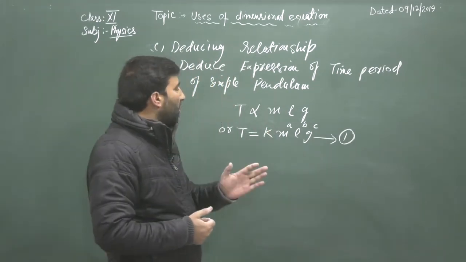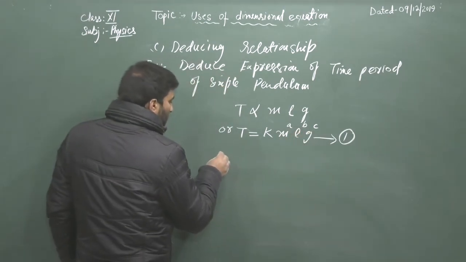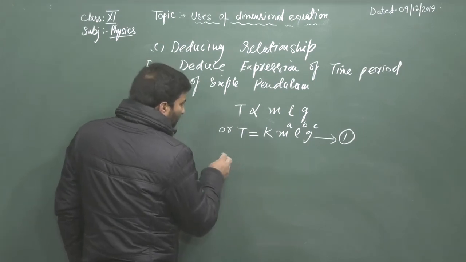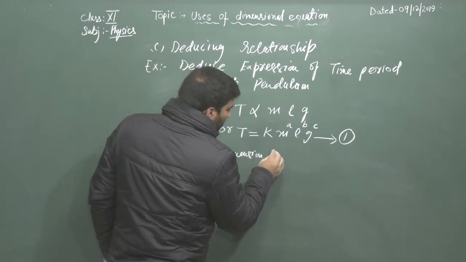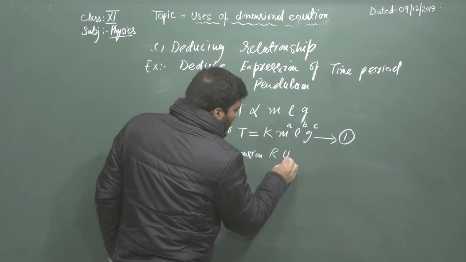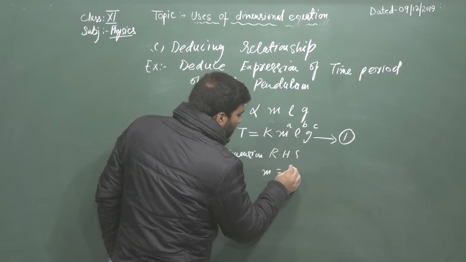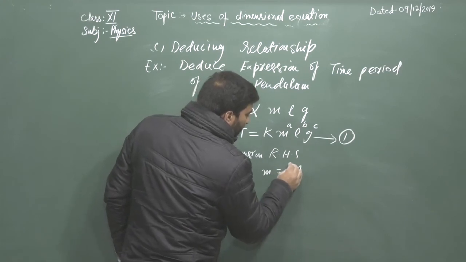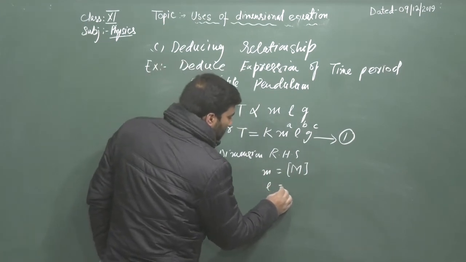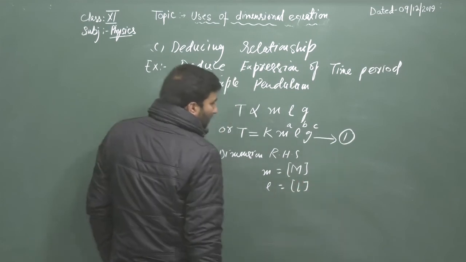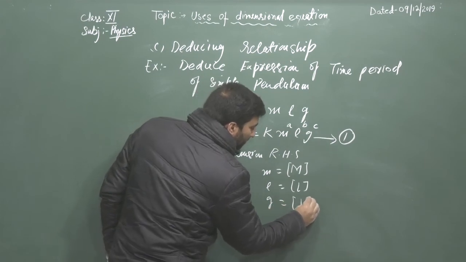Now we will use the dimensions of the RHS. The dimension of mass is M, the dimension of length is L, and the dimension of g, acceleration due to gravity, is L T^-2.